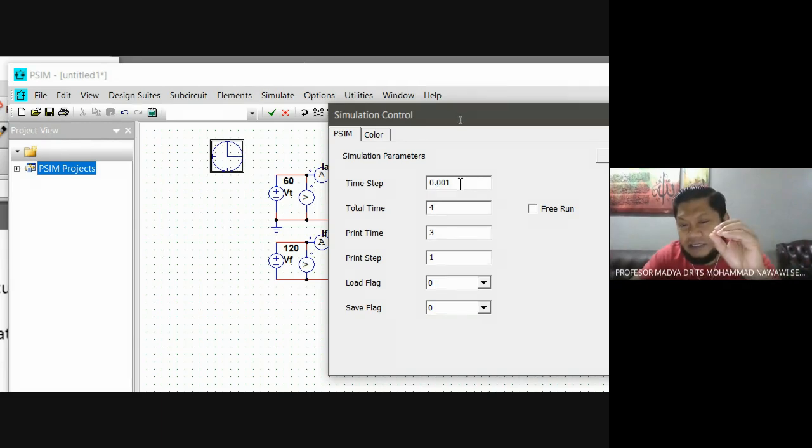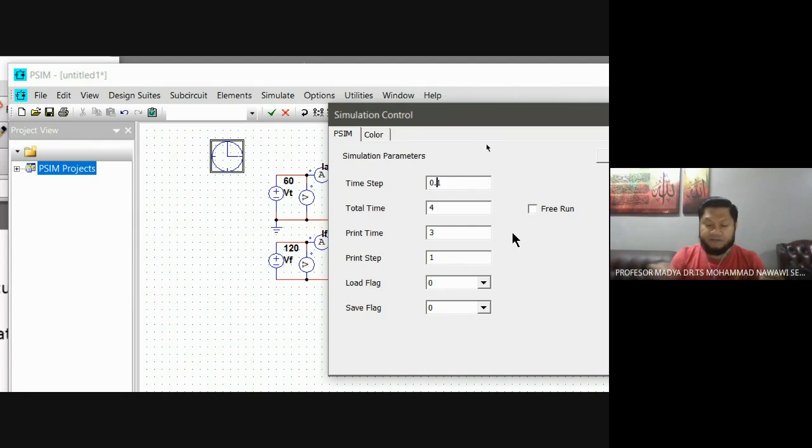If you have a very small time step, which means you have a fine line, fine detail, the points that you record. If you have a large time step, for example 0.01, you calculate from 0 and then you jump to 0.1.